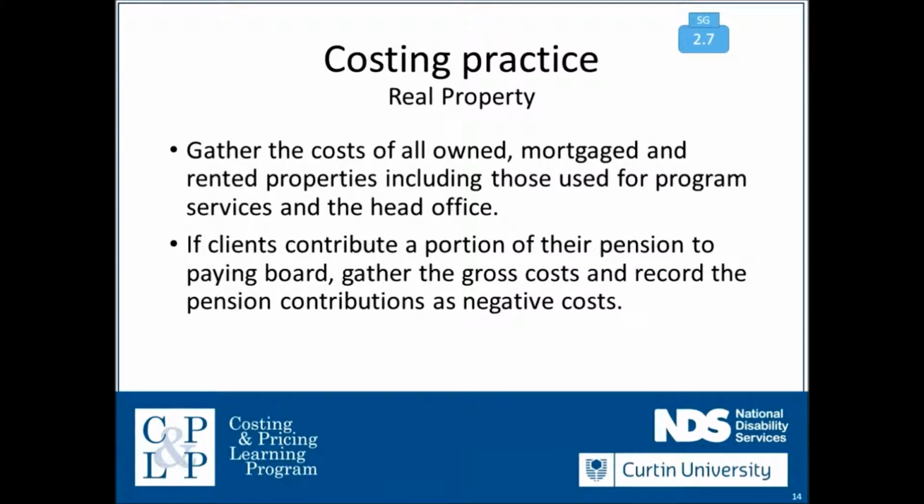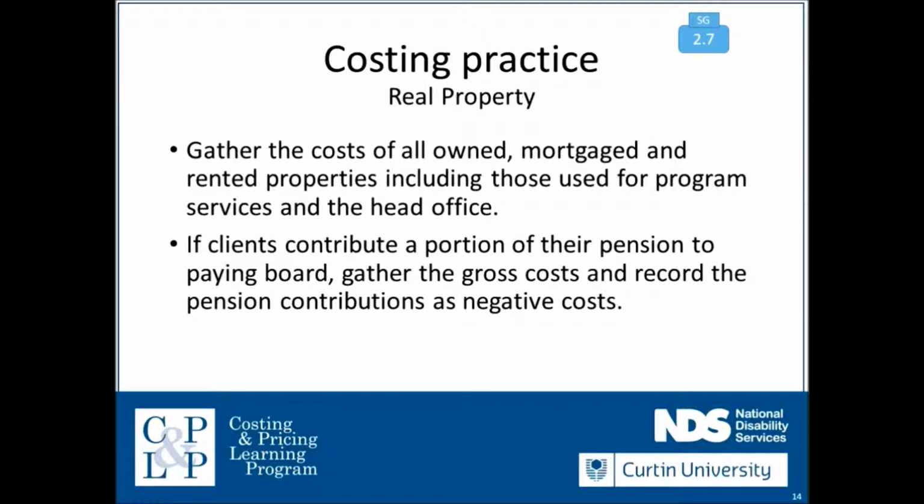Things like interest for mortgages, rental properties and rents, including those used for program services and the head office, are really critical. If clients contribute a portion of their pension to paying board or other costs associated particularly with accommodation, then those gross costs and the recorded pension contributions are all negative costs that need to be taken into account in costing your service delivery as well.